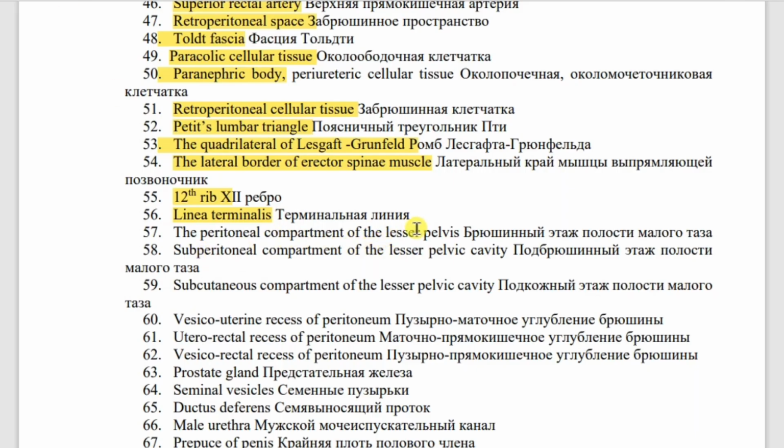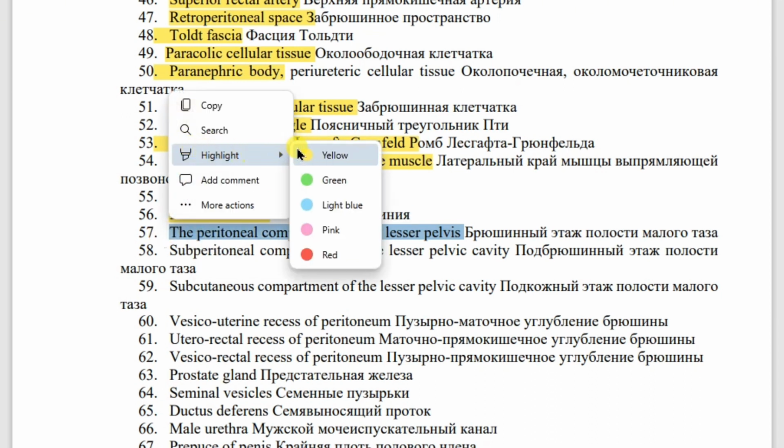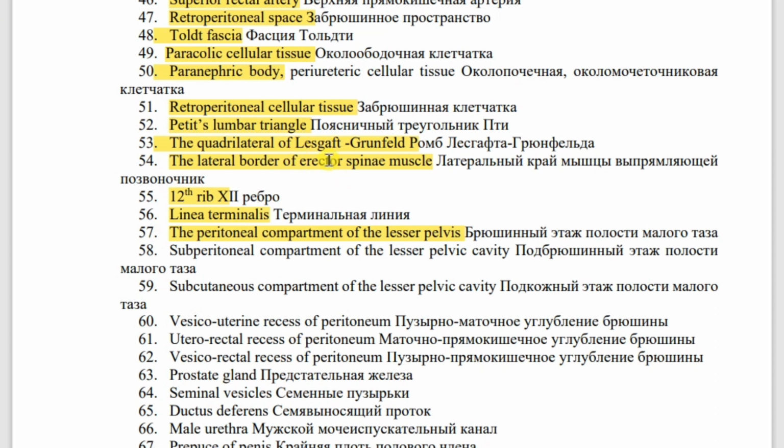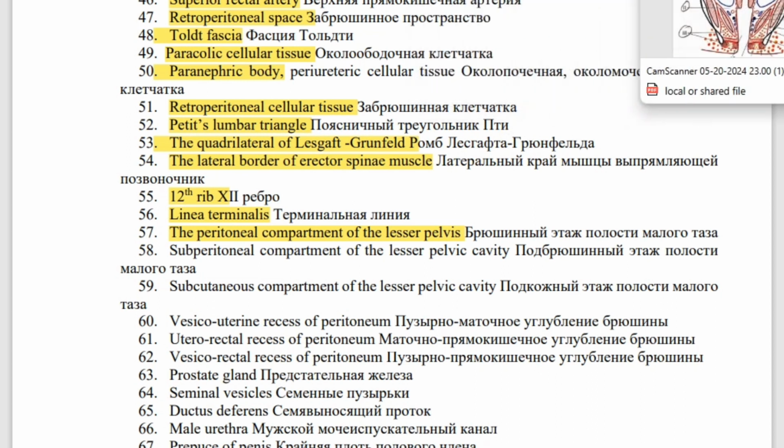Okay. Next we have the peritoneal compartment of the lesser pelvis. So let's see the structure. I will show you two pictures for this one. One is a drawing and one will be on the poster, because the drawing is more clear.